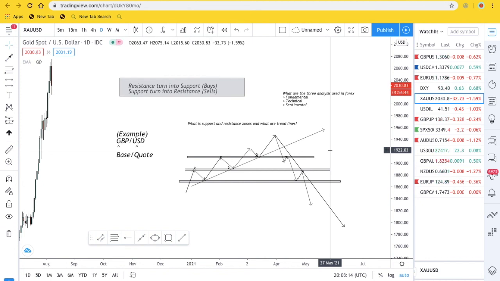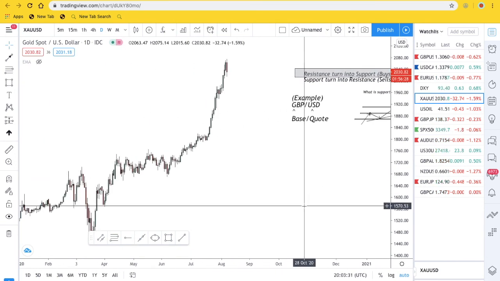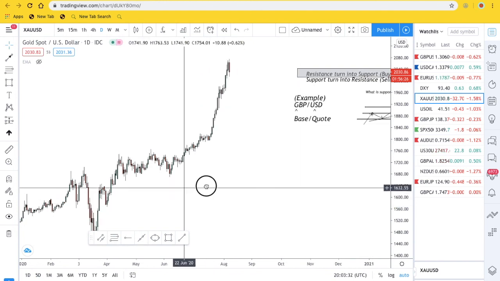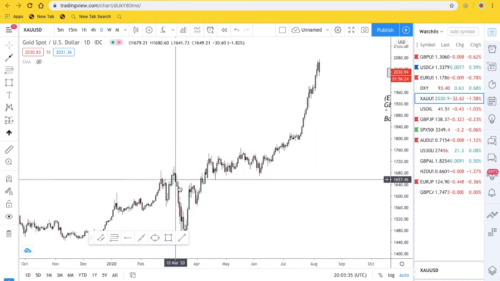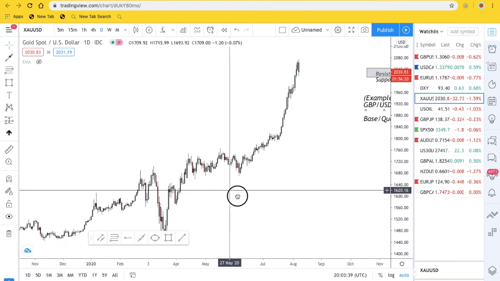So in my next YouTube video, I'm going to teach you guys how to use the tools on the charts. But you guys need to understand these right here. See these little red and green bars?